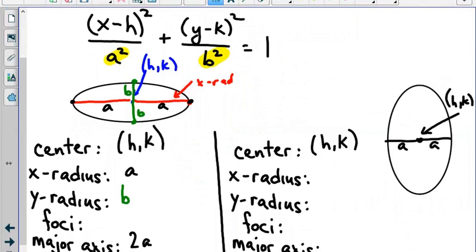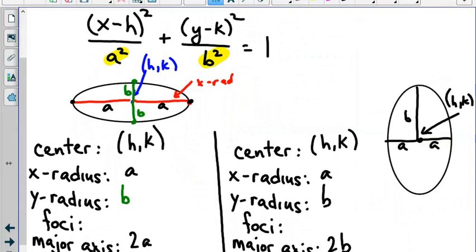And so our length from the center to the edge in this particular case would be 4. So our x radius is still a. Our major axis is no longer 2a. That is now our minor axis in this problem. Our y radius is b, and our major axis is 2b. So that should be relatively simple for us to understand.